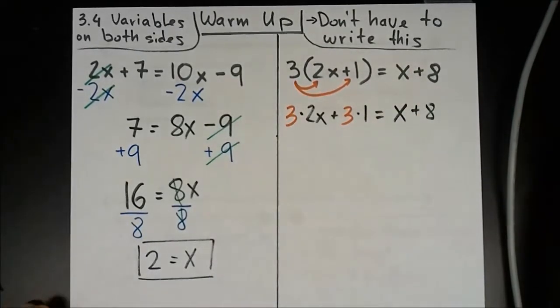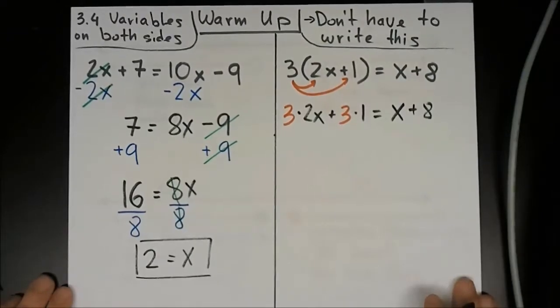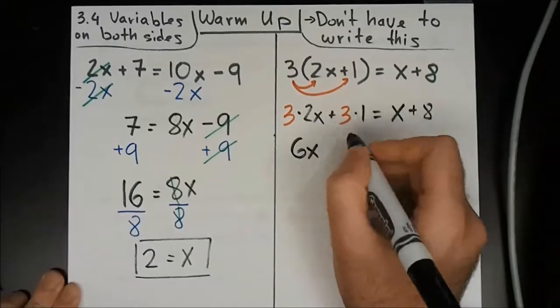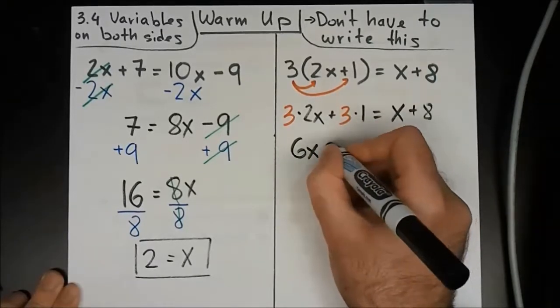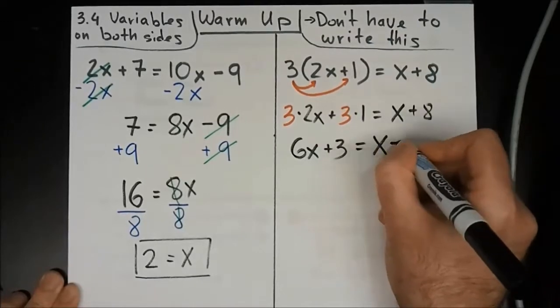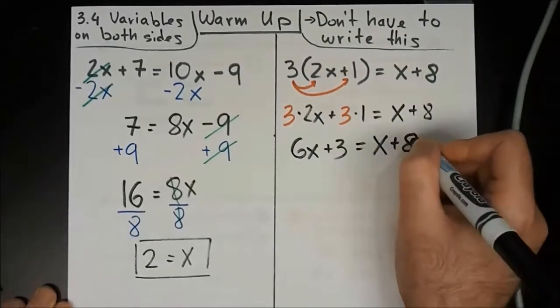And then of course you go ahead and do your simplification. 3 times 2x is 6x, 3 times 1 is 3, equals x plus 8.